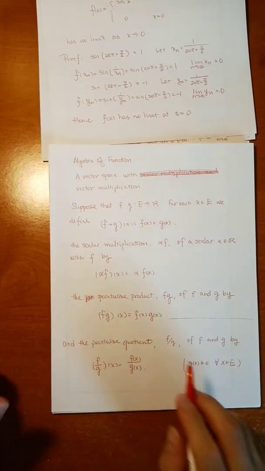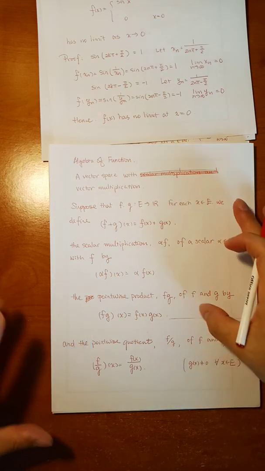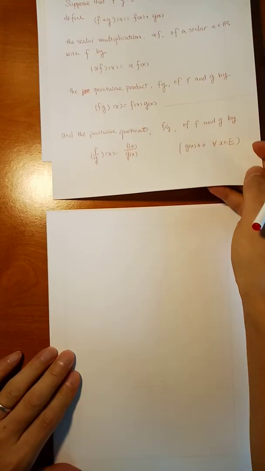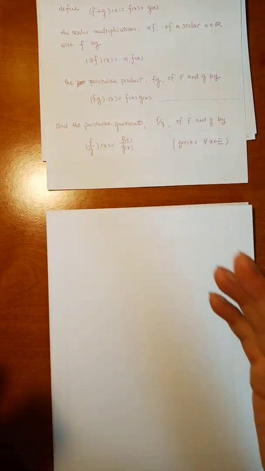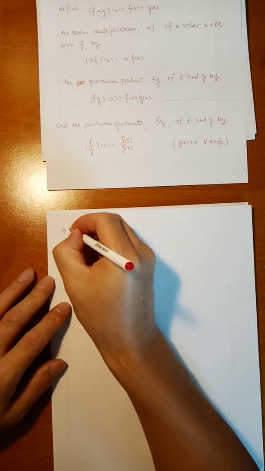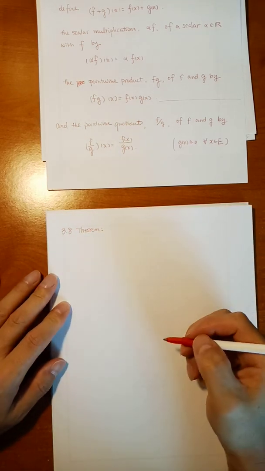So this pointwise quotient is not defined for every function. It's only defined for some special non-vanishing functions, so it's not for all functions. That's why it's not part of the algebra definition. Okay, so after we define the addition, scalar multiplication, pointwise product, and pointwise quotient, we are going to state theorem 3.8.